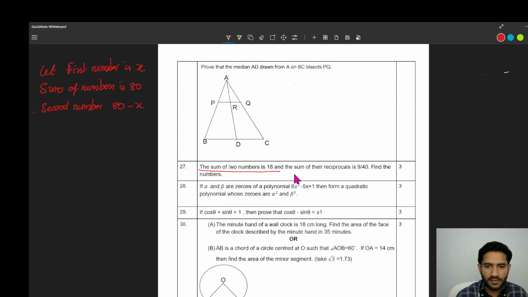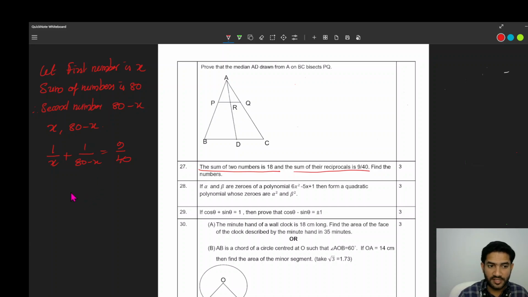Then the second statement, sum of the reciprocals is 9 by 40. So numbers are x and 18 minus x. Reciprocals means 1 by x plus 1 by 18 minus x is equal to 9 by 40.